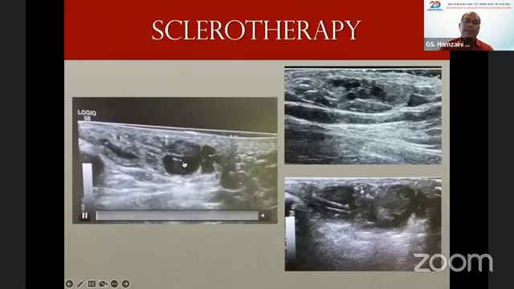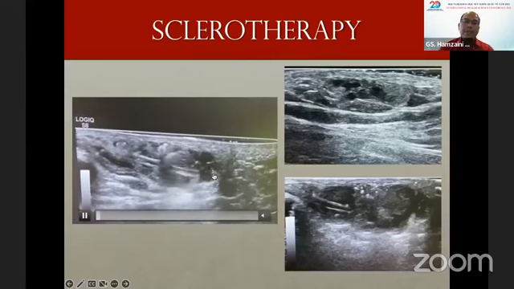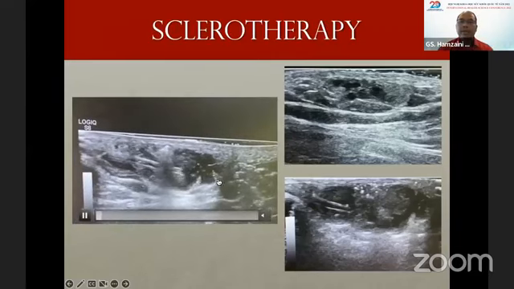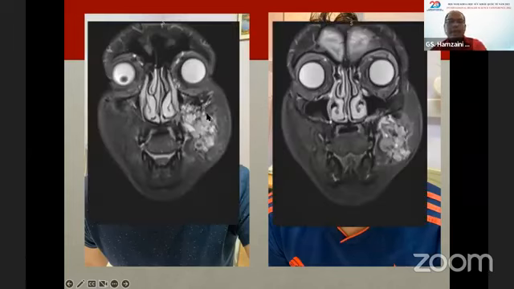Just to highlight, this is the lesion, this is the needle we puncture with, then we inject alcohol inside the lesion. An example of my patient who had a swelling here: MRI was done and shows multiple hyperintense signals with a phlebolith inside.